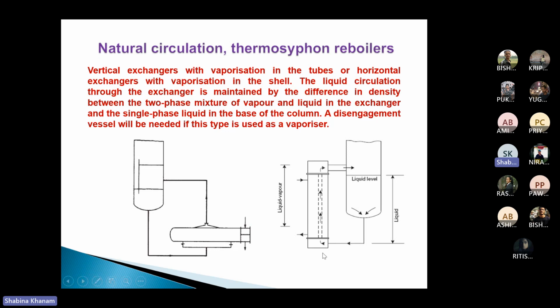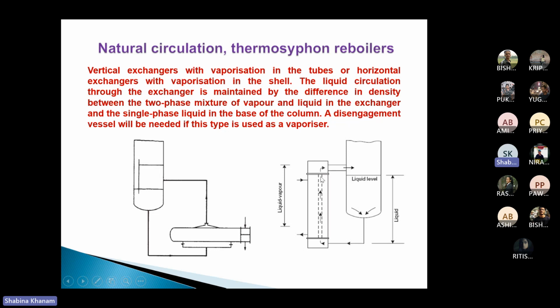Because here we have the change in properties, we have this siphon type of movement. So, to maintain this natural circulation for vertical, it is mandatory that the upper tube sheet be in correspondence with the liquid level.